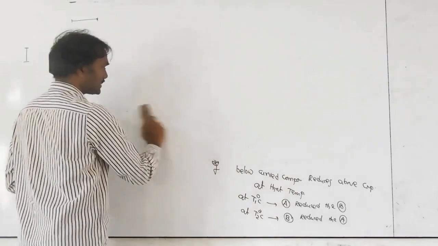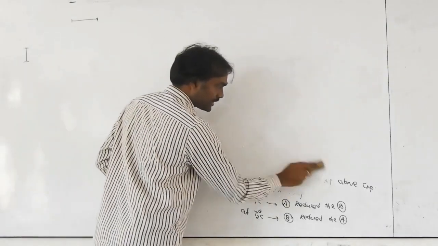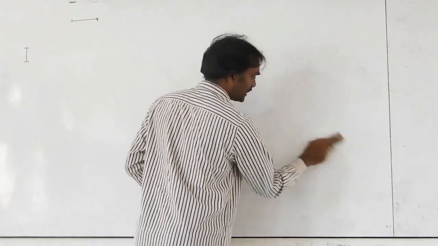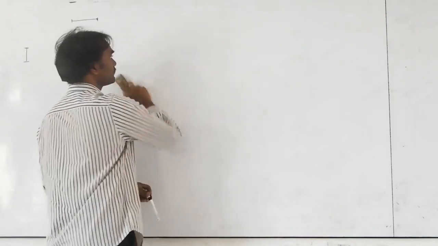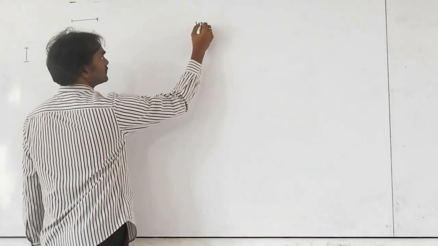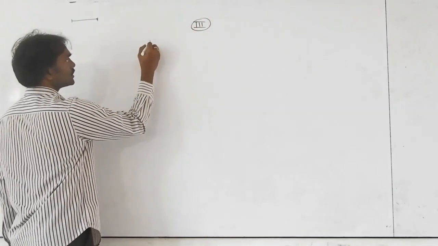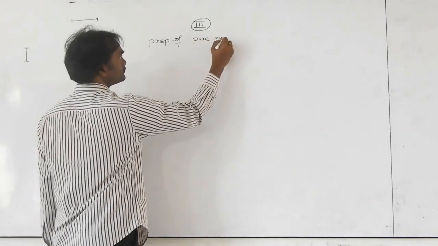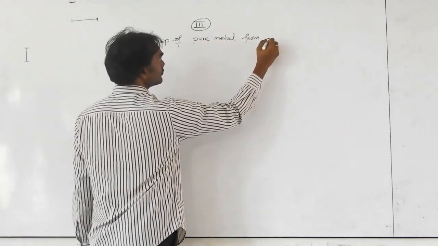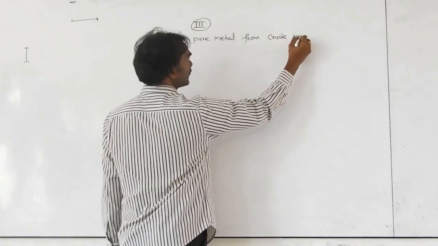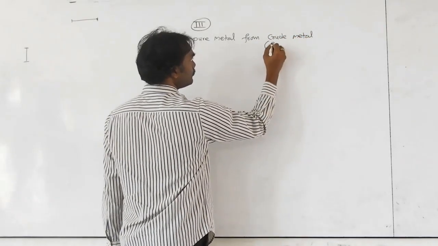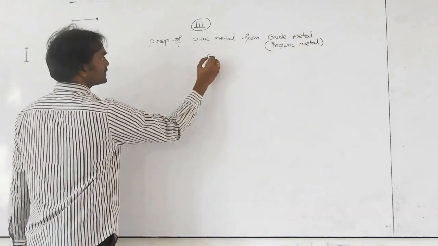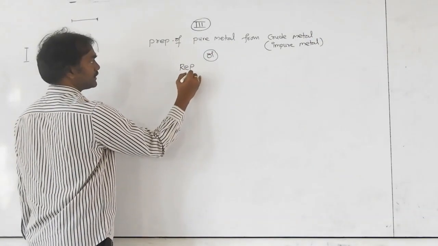In metallurgy, the third process is the refining of metal, otherwise the preparation of pure metal from the crude metal or impure metal. This is also called refining of metal.